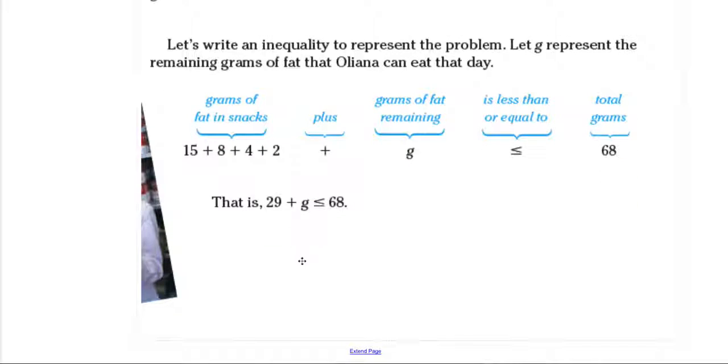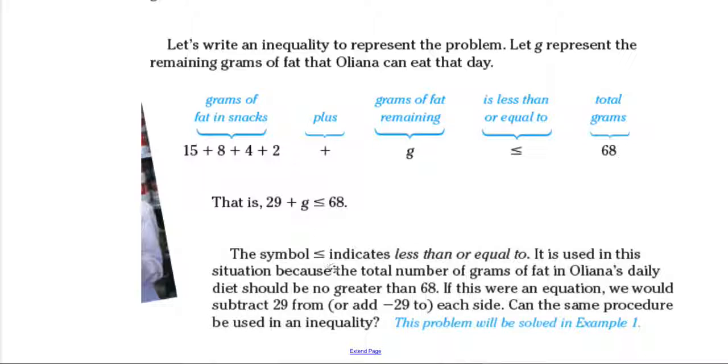The symbol less than or equal to is used in this situation because the total number of grams of fat in Oliana's diet should be no greater than 68. The words no greater than indicate less than or equal to. If this were an equation, we would subtract 29 from each side. Can the same procedure be used in the inequality? We will solve this in example number 1.